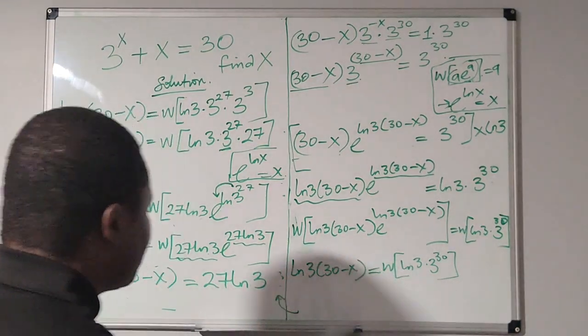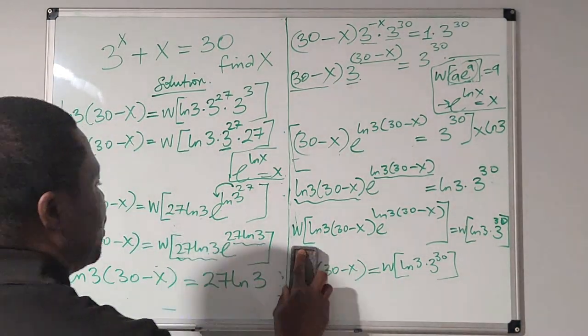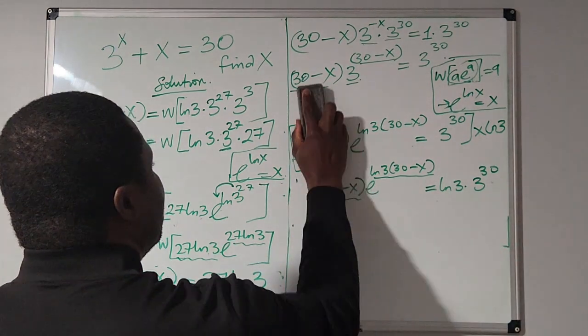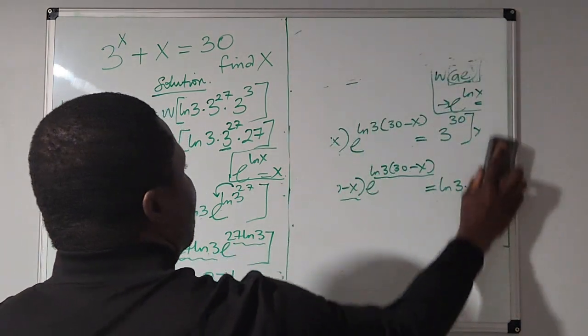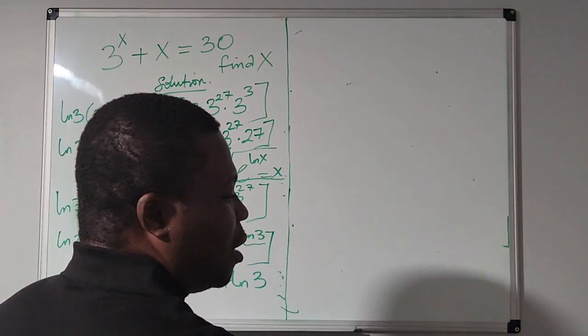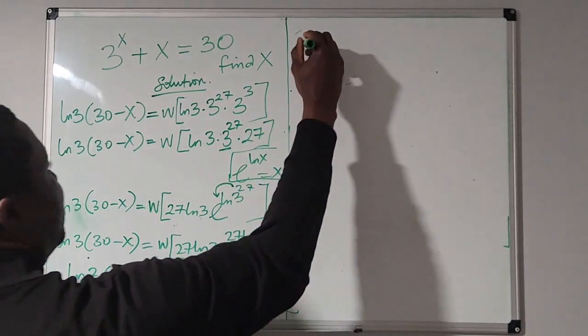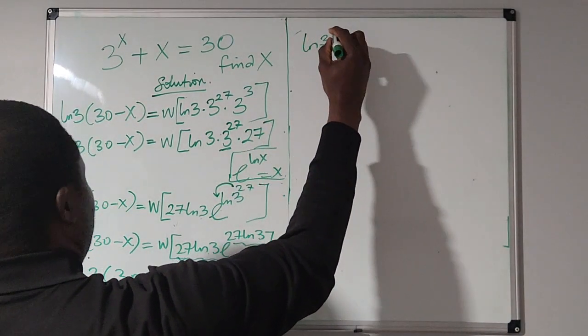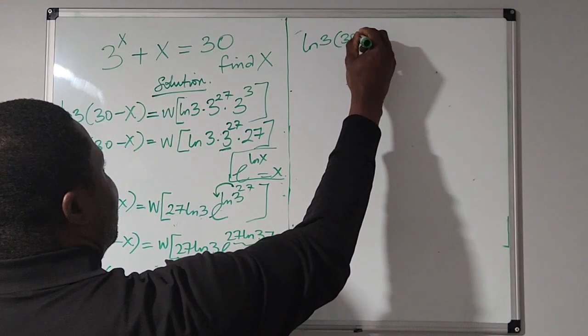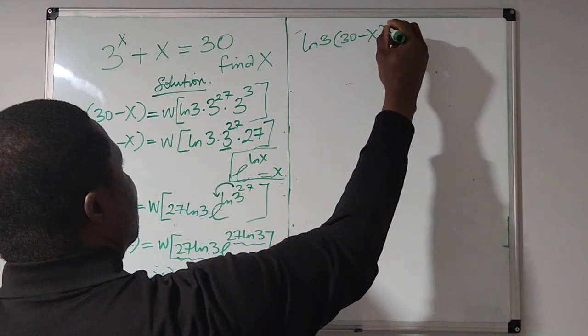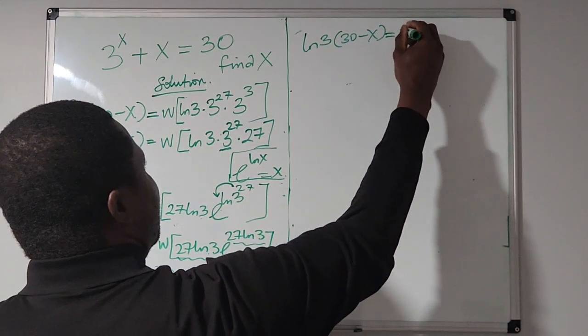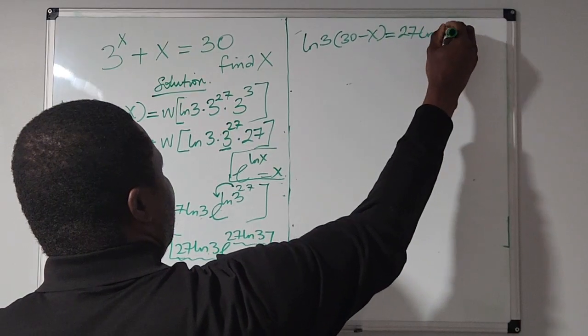Great. Over on this side, we have ln 3 (30 minus x) equals 27 ln 3.